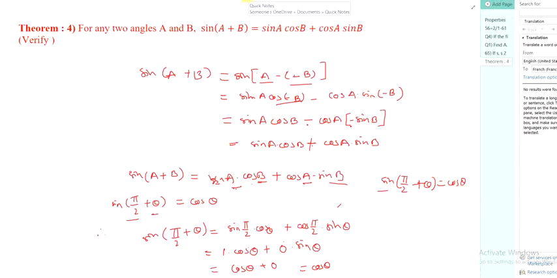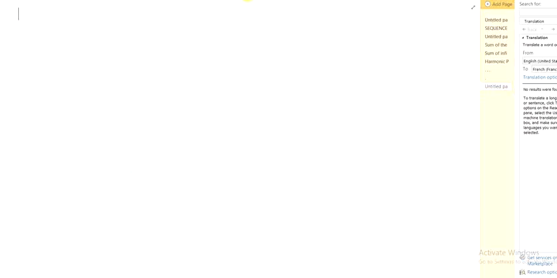Now try to solve some examples using the above results. So in the exercise, one question is given there. Find the values of, first, sin 15 degrees. Now you will think, how can we find its value? 15 degrees is not a standard angle.